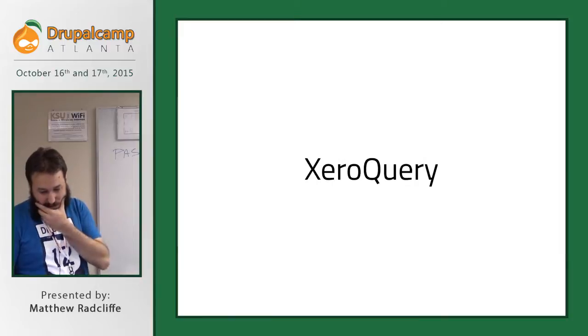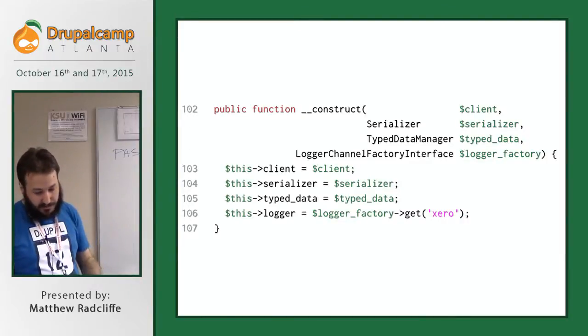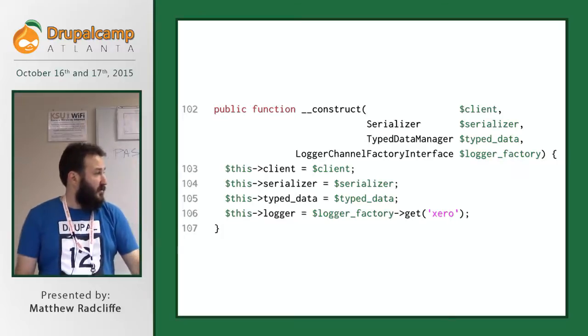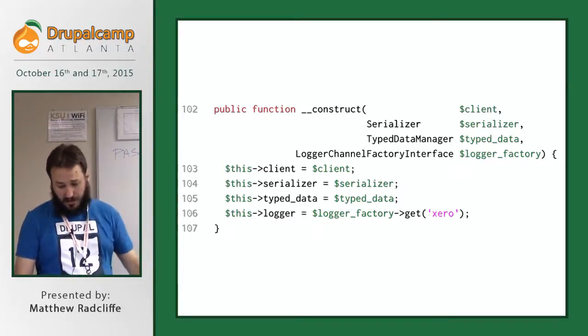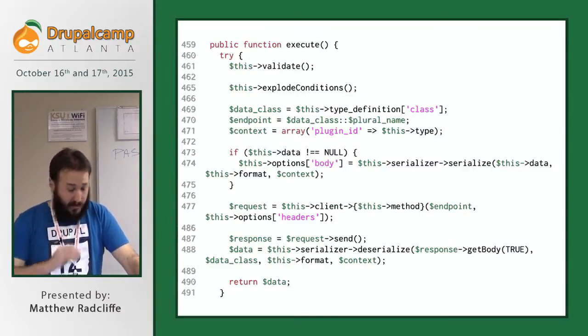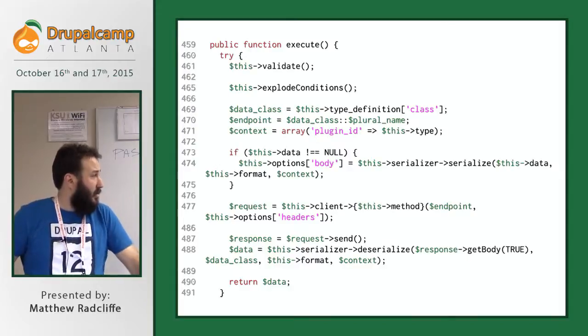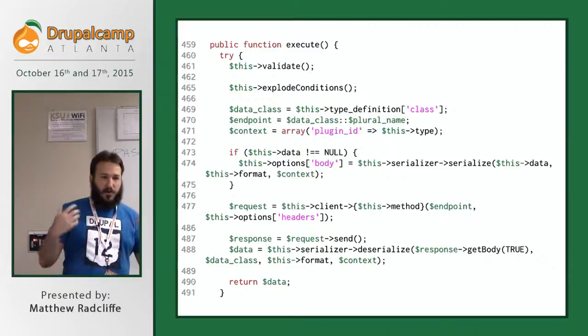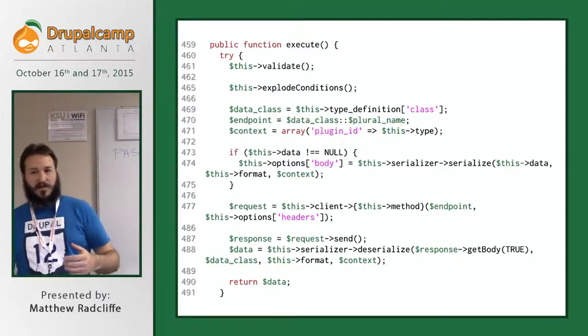So just as an example, what Xero query does is it injects the type data manager service, and it has a serializer service. And then using Guzzle, if you're not familiar with Guzzle, you have a Guzzle client. The client makes a request.